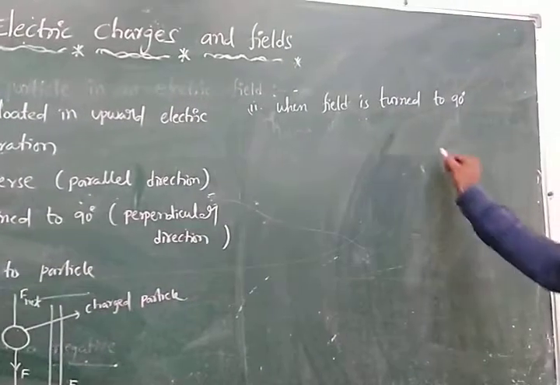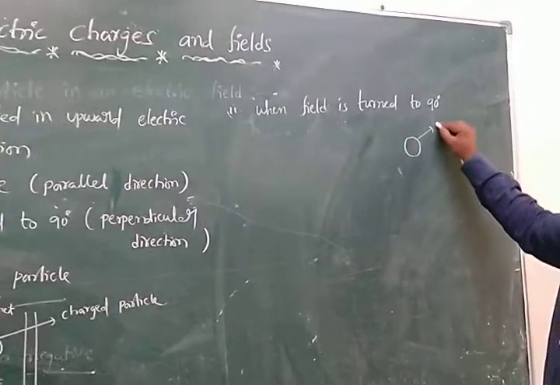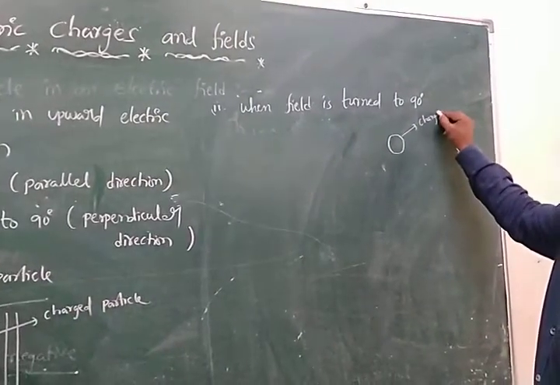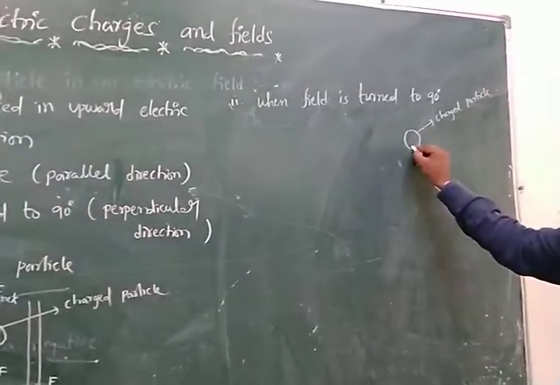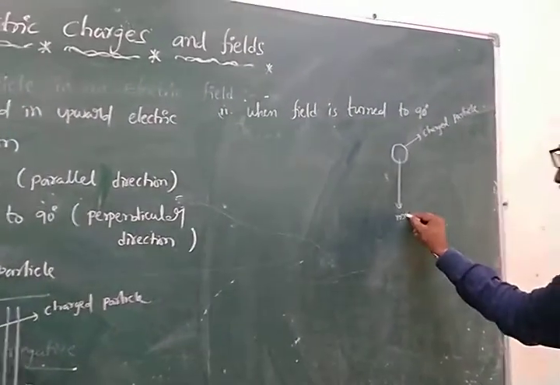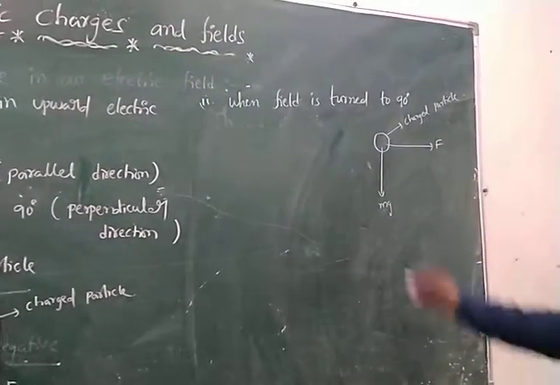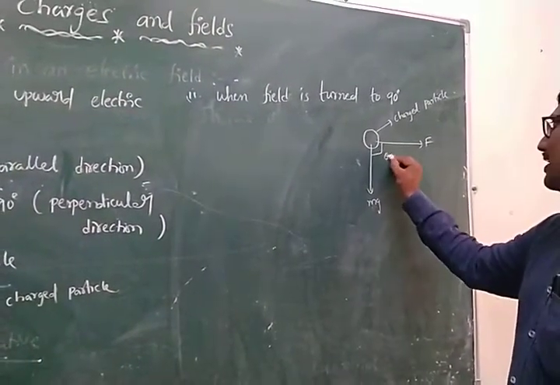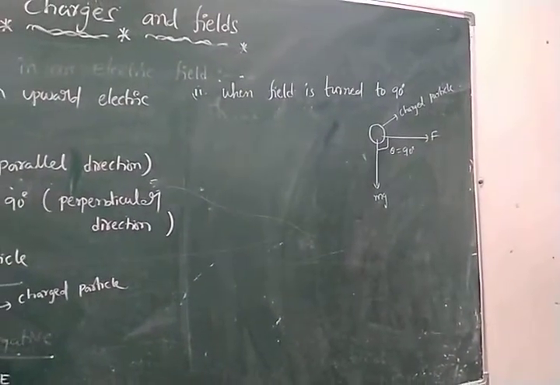See, this is a charged particle. Now its weight mg is acting downwards. Now this is the direction in which we have a force. Now how much is the angle? Theta is equal to 90 degrees.